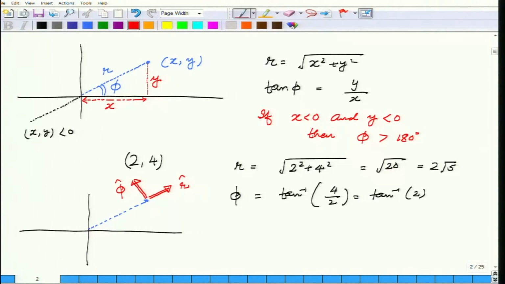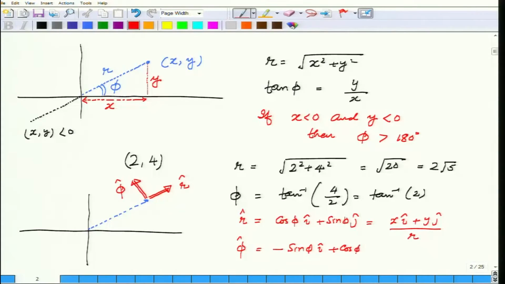And we have seen in the lectures where we set up these coordinate systems that r unit vector is nothing but cosine of phi i plus sine of phi j, which can also be written as xi plus yj over r. And phi unit vector is minus sine of phi i plus cosine of phi j, which can also be written as minus yi plus xj over r.